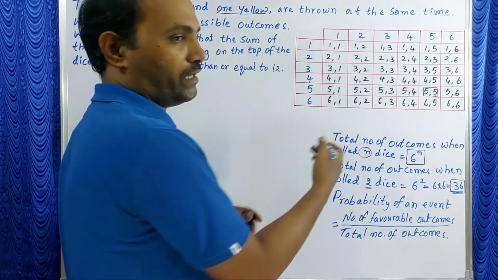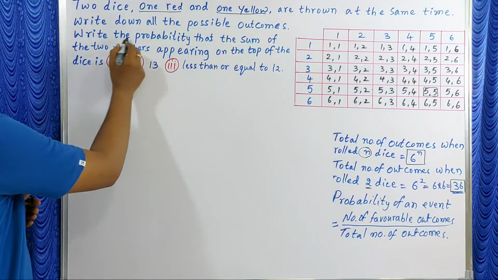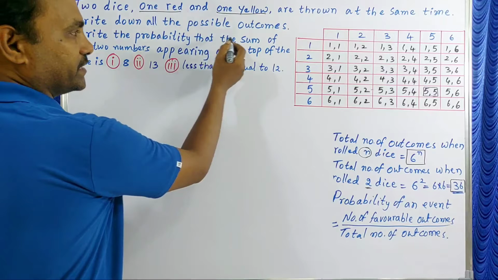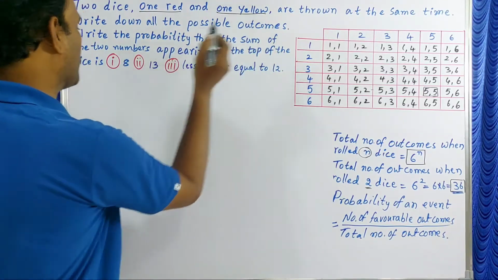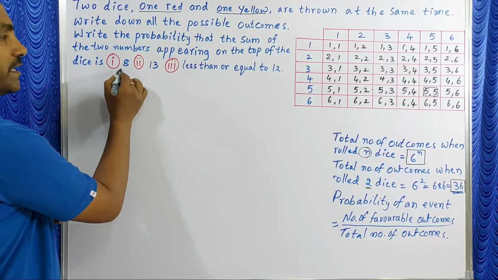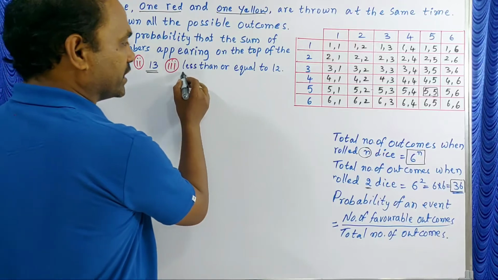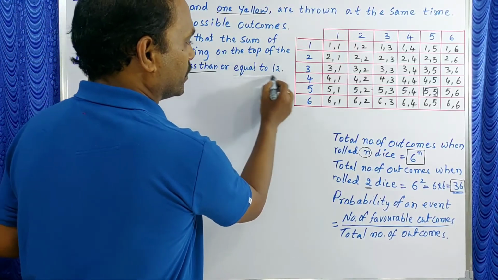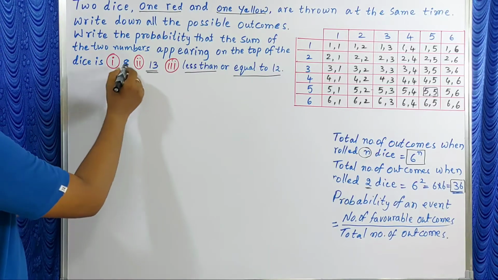Already we wrote it in the previous question, same like that only. Write the probability that the sum of the two numbers appearing on the top of the dice is 8, 13, and the third question, less than or equal to 12. So, let us check whose sum is 8.